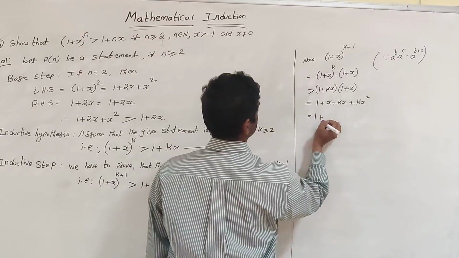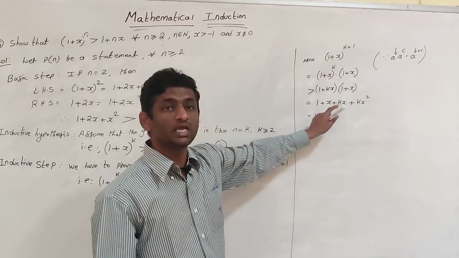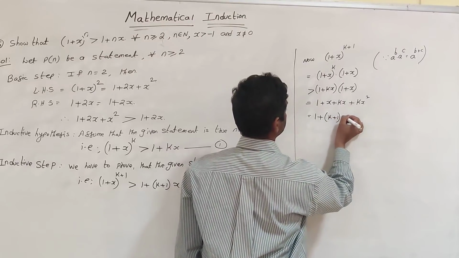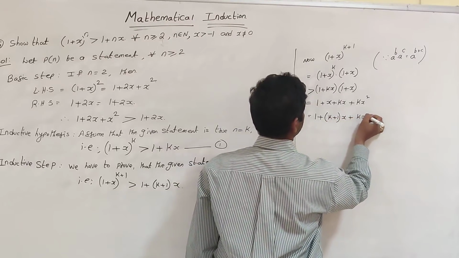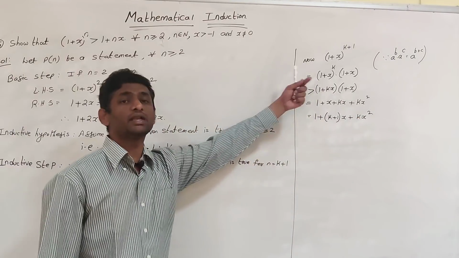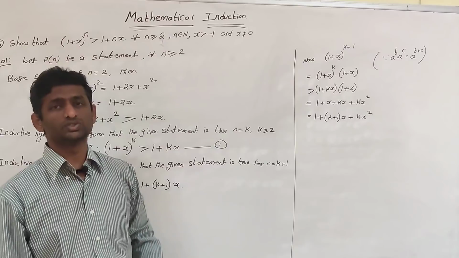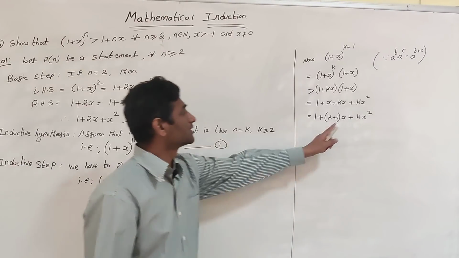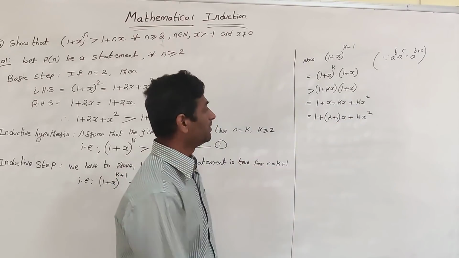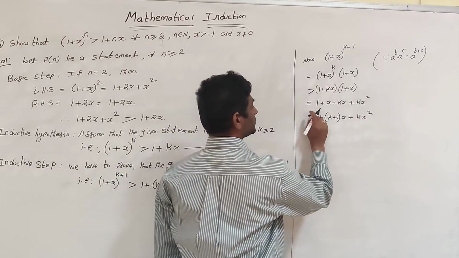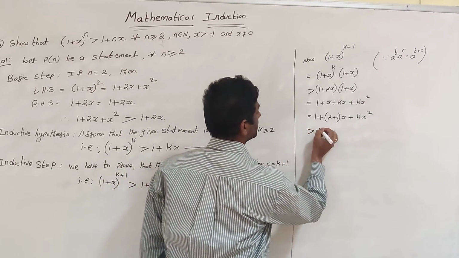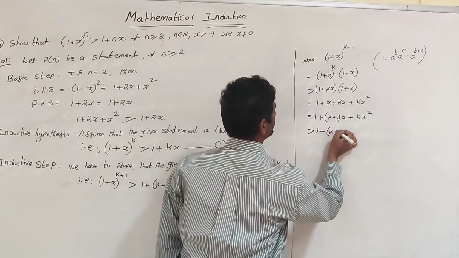So 1 plus, in these two terms x is common, so we can have (k plus 1) times x plus kx square, where k is a natural number and x square is always a positive real number. So k multiplied with x square means this kx square is also positive. Means for this entire expression, the total value will be greater than 1 plus (k plus 1) times x.